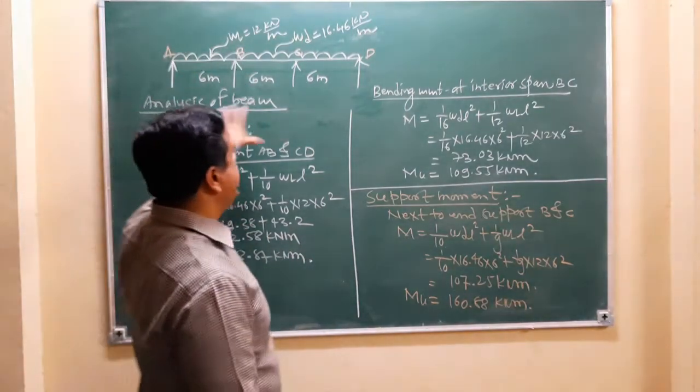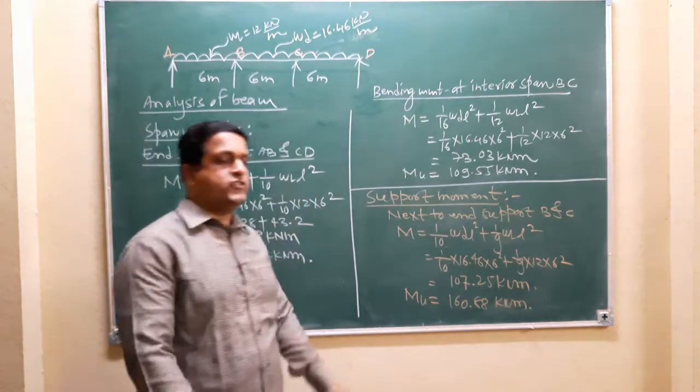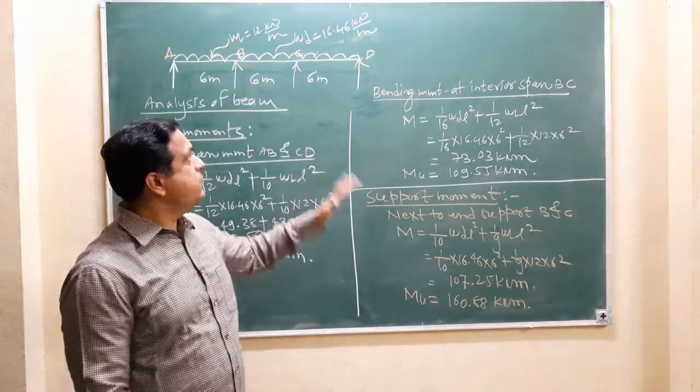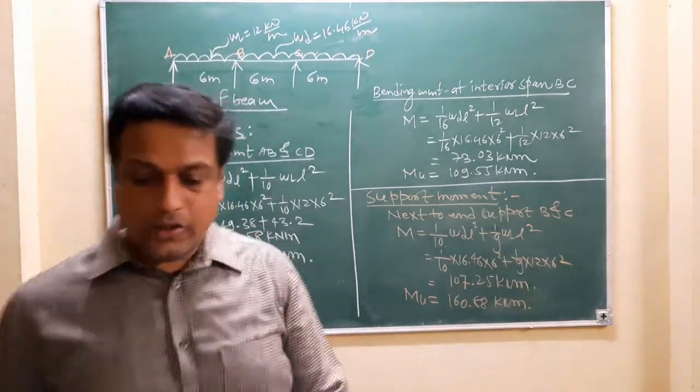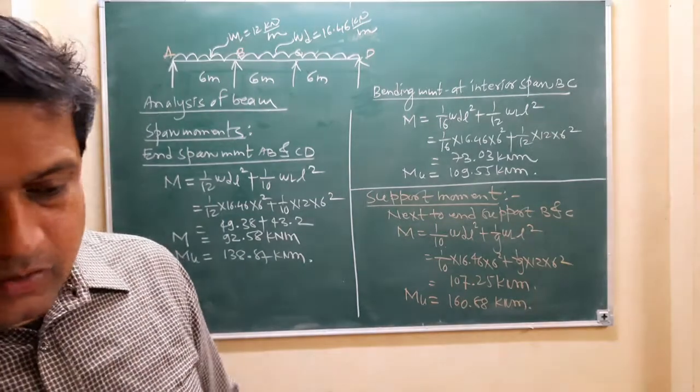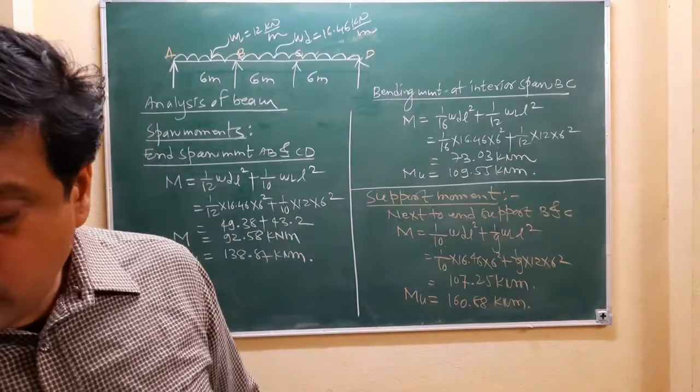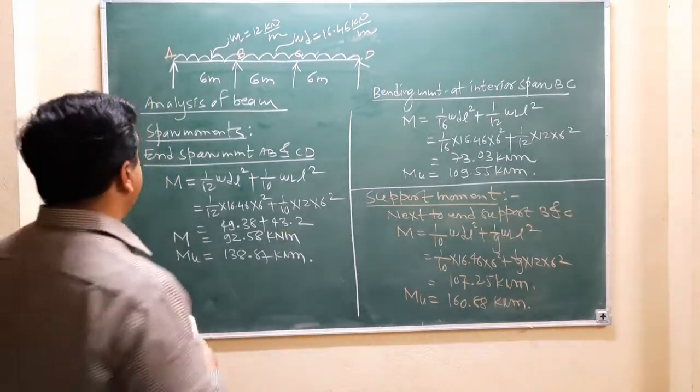So this is the analysis of the beam related to flexure. That means you have to find out the bending moment at different locations. Now I want to write down these values.